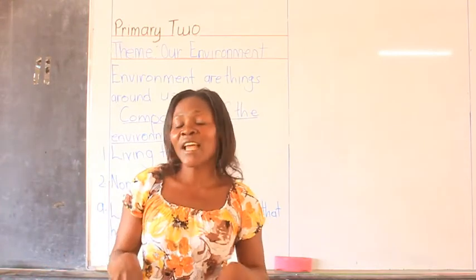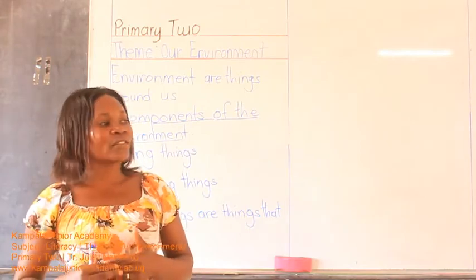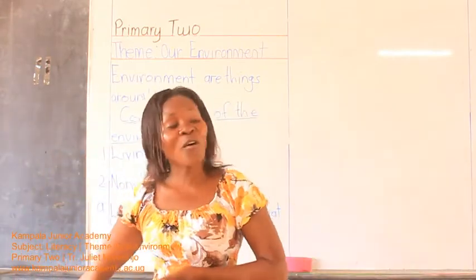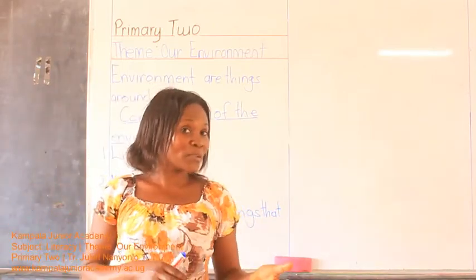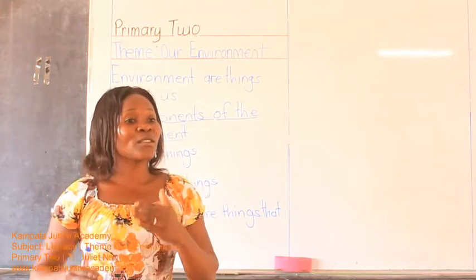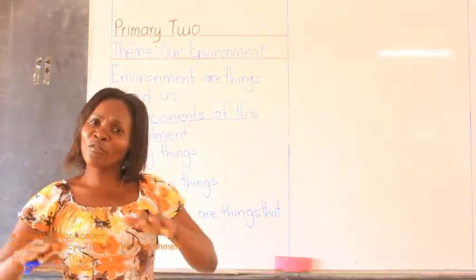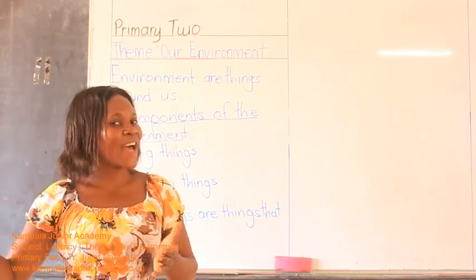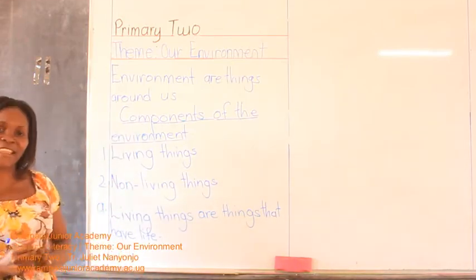I'm a living thing. There are other living things that can move, just like you can see me moving. I move from my home, I move and go to school, I move to the church, I move to the mosque. So living things are things that move, that feed, that grow from one step to another, or from one size to another size. Those are the ones we are calling the living things.